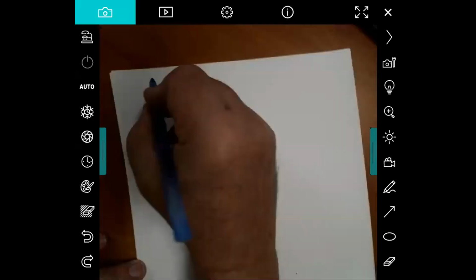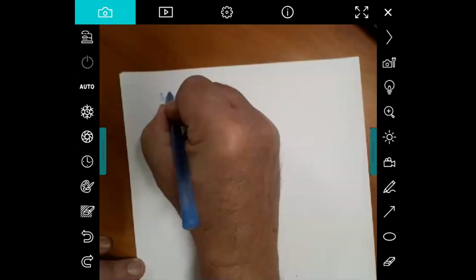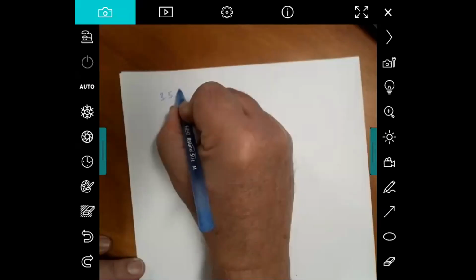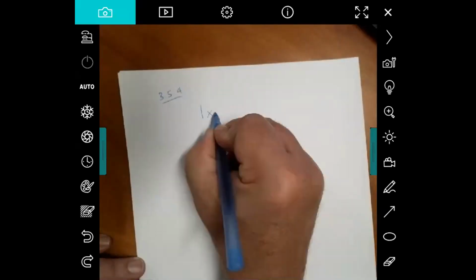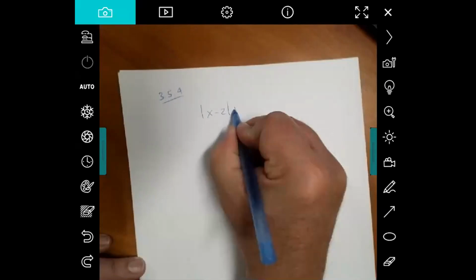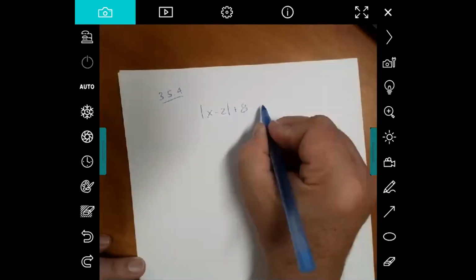Chapter 3, Section 5, Question 4. Absolute value of x minus 2 plus 8 equals 13.